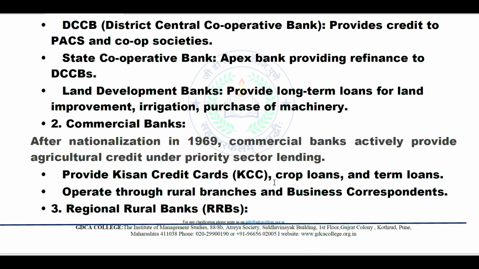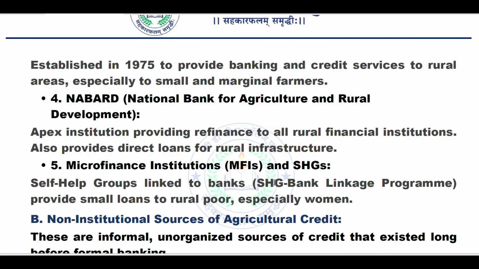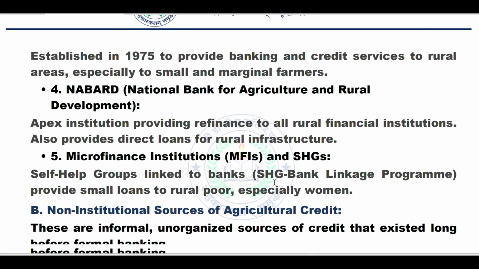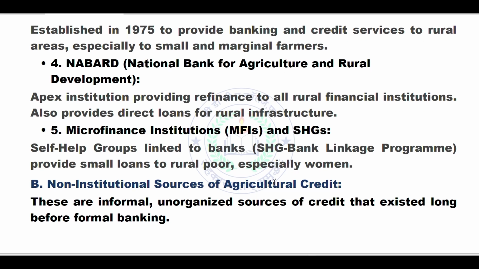Number three, Regional Rural Banks, RRBs. Established in 1975 to provide banking and credit services to rural areas, especially to small and marginal farmers. Number four, NABARD, that is National Bank for Agricultural and Rural Development.